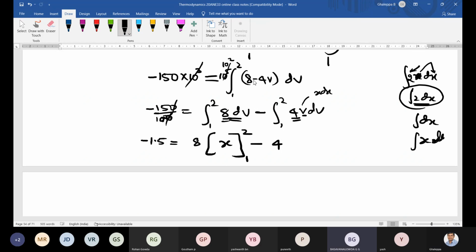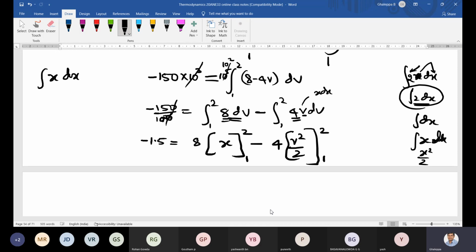Integration of x is x square by 2. Please mute yourself. Please mute yourself. Do not disturb the classes. So 4 v square by 2 between the limits 1 to 2. Okay, I will write the formula here.